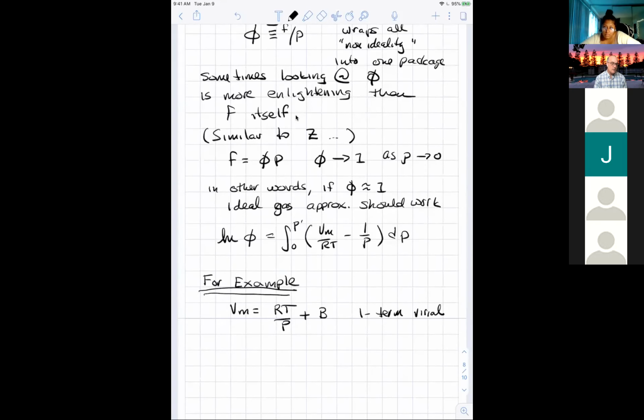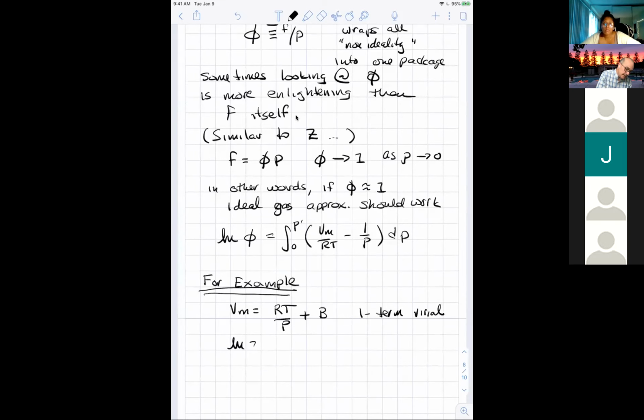Vm is RT over P plus B, where B is some correction, right? So this is another way we thought about ideal versus non-ideal gases. If B is 0, then we have an ideal gas. But in general, all gases have this B correction term.